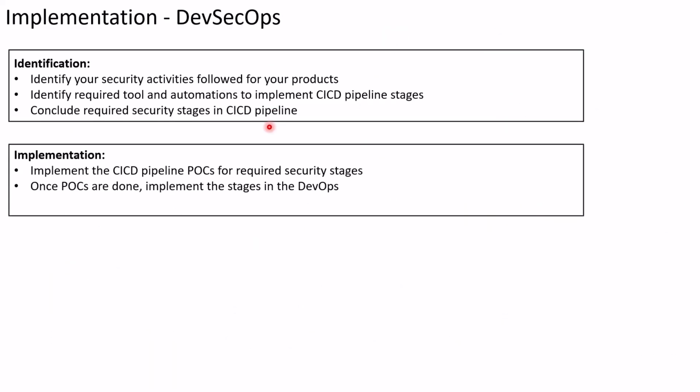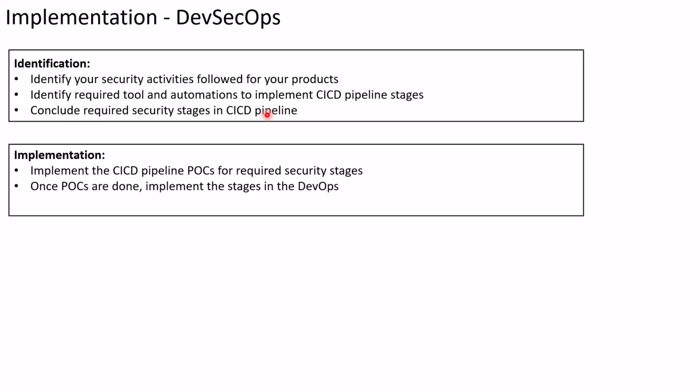Okay, implementation. How do we need to implement, how do we need to approach? First, we need to identify the security activities to be followed for our product, identify the required tools and implement the automation in the CI/CD pipeline stages, and conclude the required security tools for your pipeline.